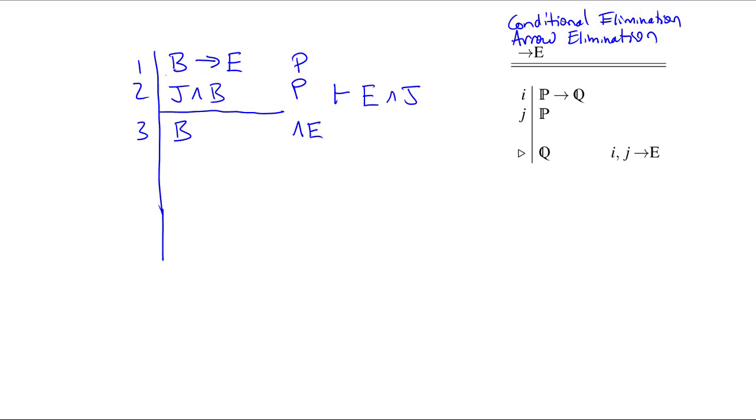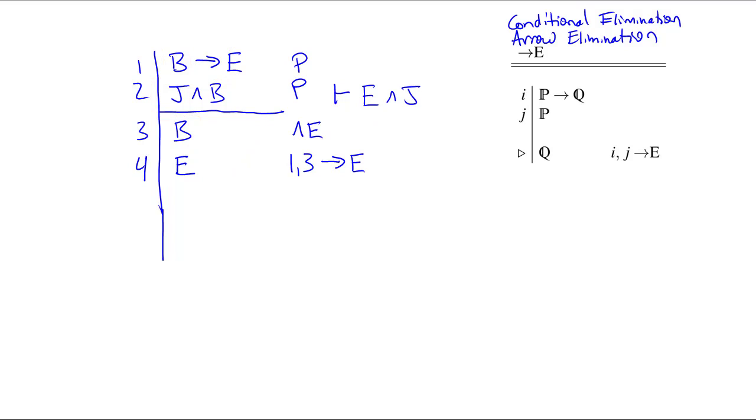You'll notice that what we have here is a conditional, and in line 3 something that exactly matches the antecedent. That means that we can take the consequent and derive it, since these match exactly. And the citation will be 1 and 3 arrow or conditional elimination.